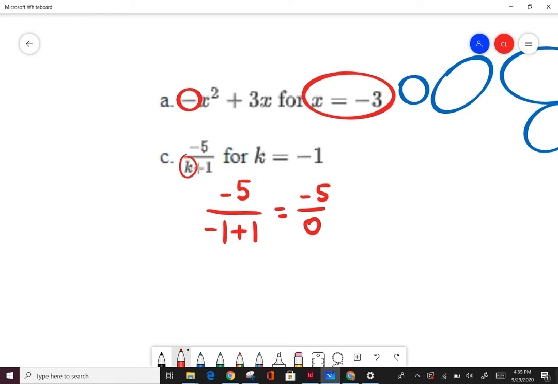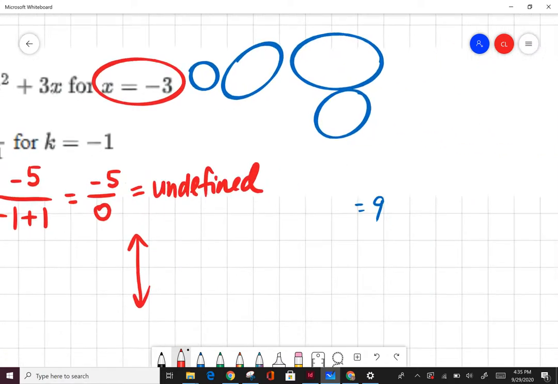So we're trying to figure out, is there a number times 0 that gives us -5? That's impossible. No number multiplied by 0 will give us -5. So this is called undefined. It's not possible. And remember, that's why this is an undefined slope, when it's vertical.